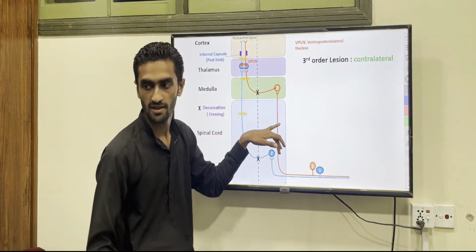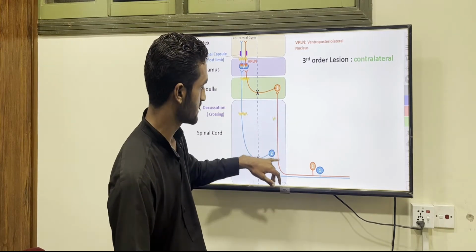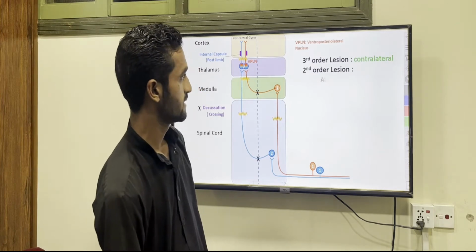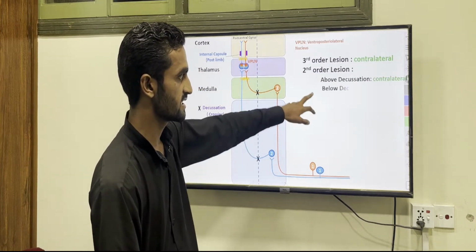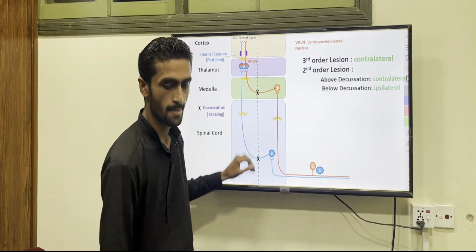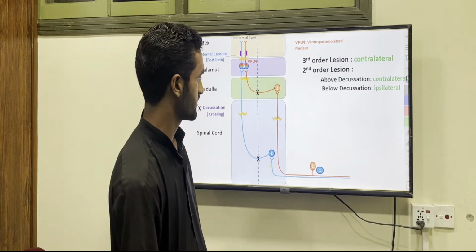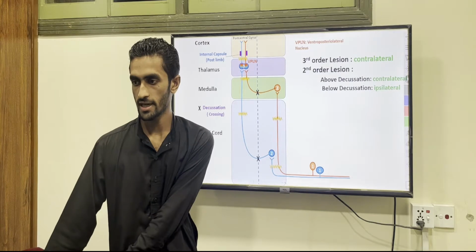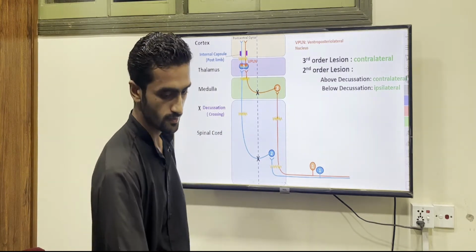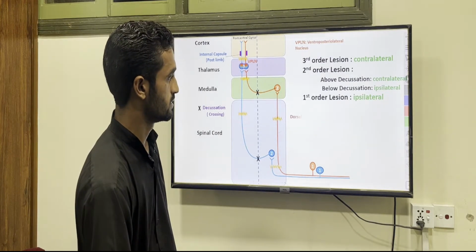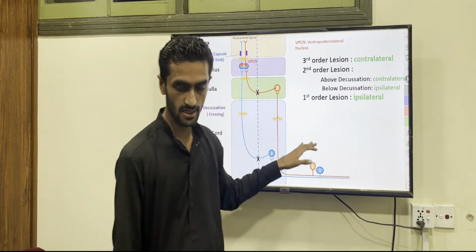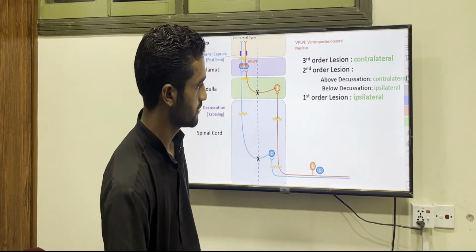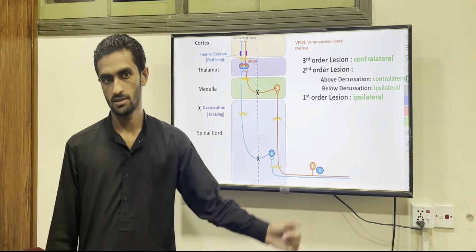For this pathway it will be ipsilateral because it has decussated at this level. So above the decussation contralateral, below the decussation ipsilateral, and for the first order always ipsilateral because it is present on its own side. So first order lesion is always on the ipsilateral.